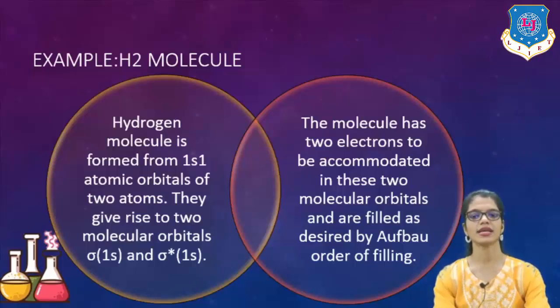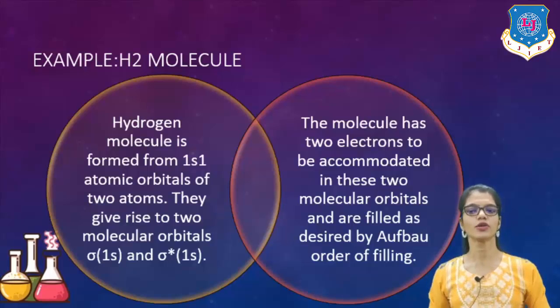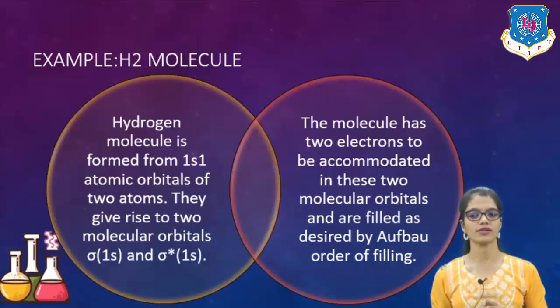Now, let's take the example of the H2 molecule here. For the H2 molecule, you have to understand that the hydrogen molecule is formed from 1s1 atomic orbitals of two different atoms. Right? They give rise to two molecular orbitals. One is sigma 1s, another one is sigma star 1s. As we have seen, bonding orbital, non-bonding orbital.